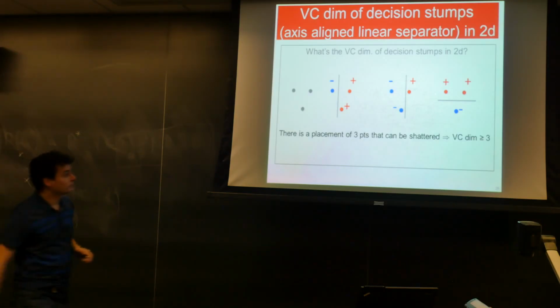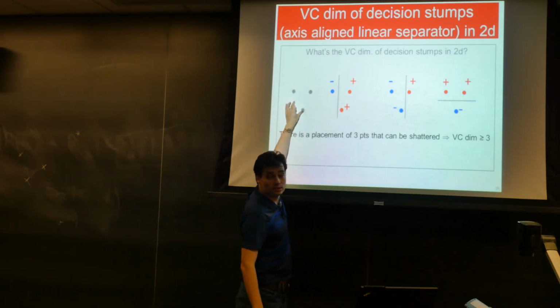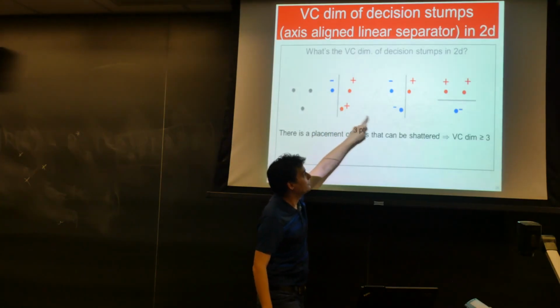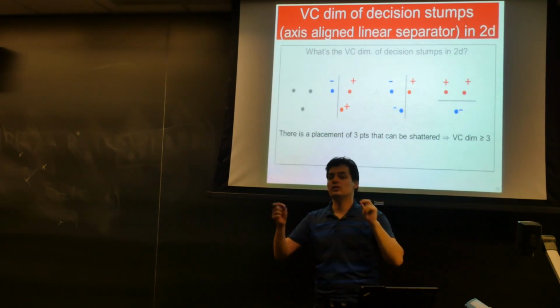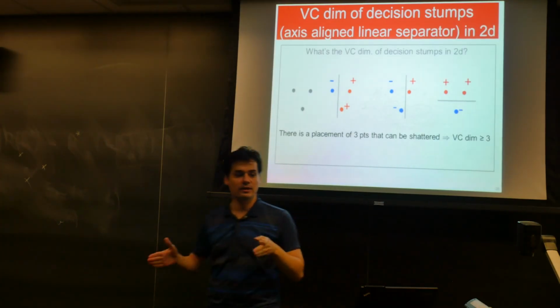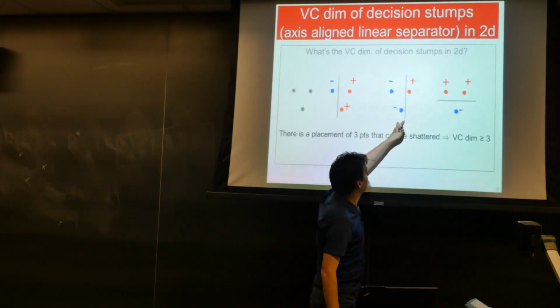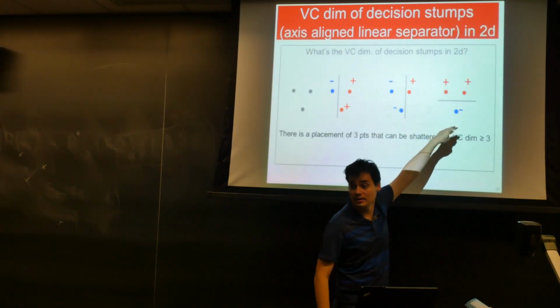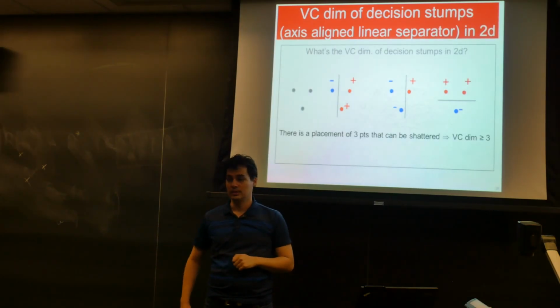And we can see that it's indeed the case. So if we have these 3 points, there are 8 different labelings, right? It doesn't matter which one I choose out of these 8 different labelings. There would be a classifier, either vertical line or horizontal line, that would be able to perfectly classify these points.